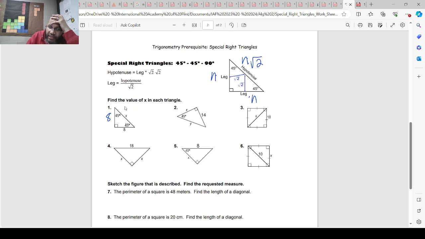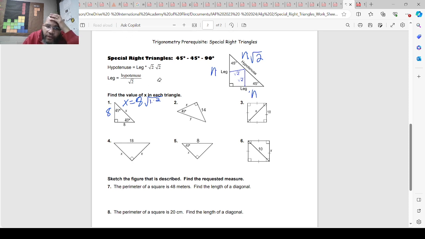There's my n. So I got 8 times the square root of 2. And that's my x. That's it. It is the leg, the n, times the square root of 2. That's the hypotenuse. Bada boom, bada bing.